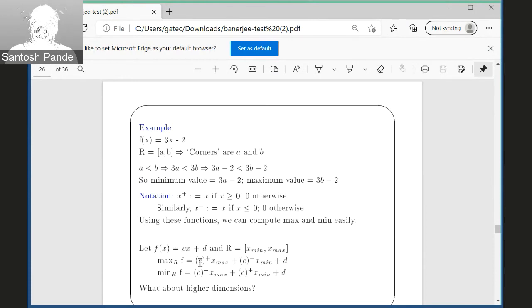If C happens to be negative, however, we'll be using x min. That's all it says. One of C plus and C minus will be 0.